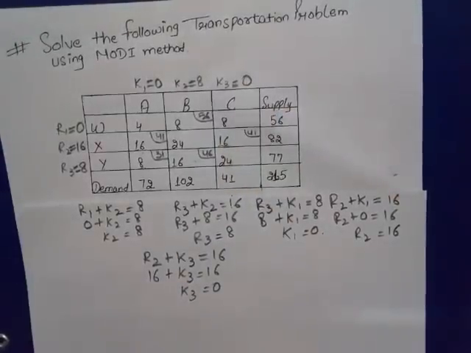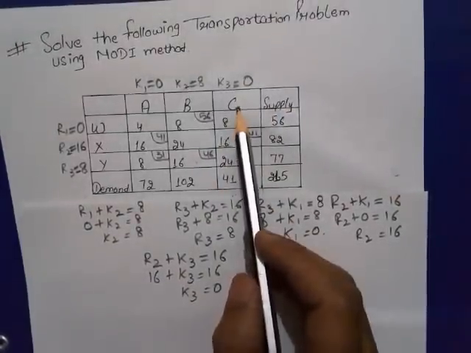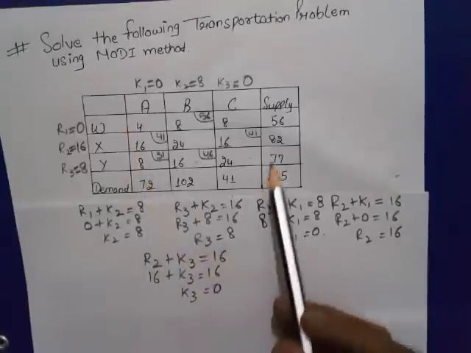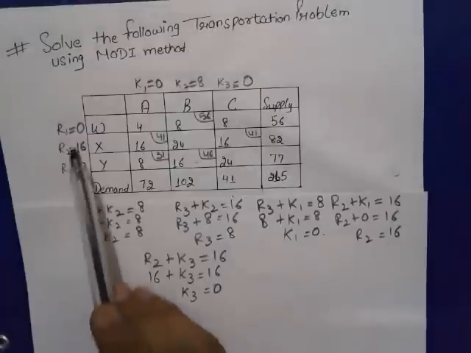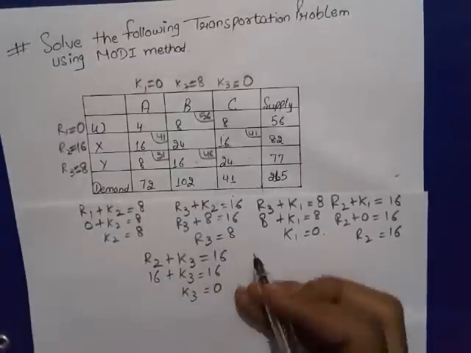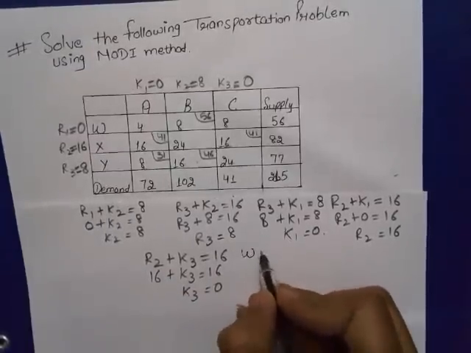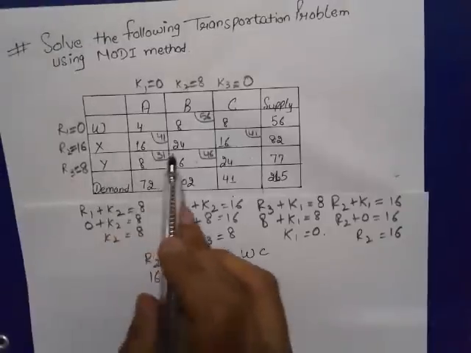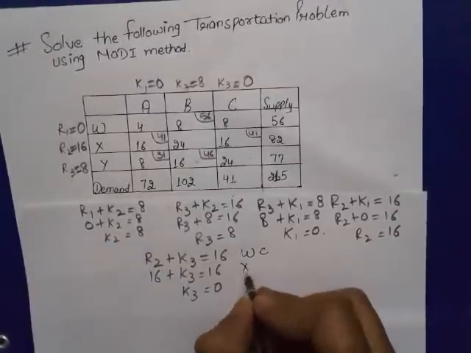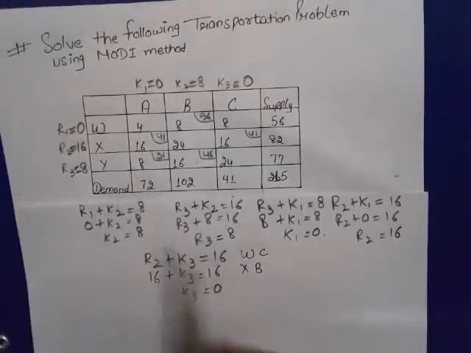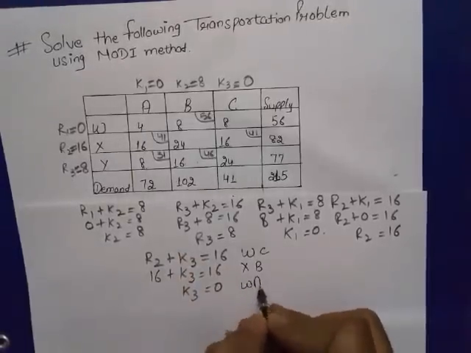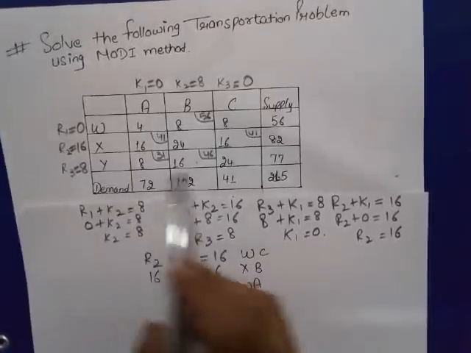So after calculating we have to find whether the new table which we have got is optimized or not. Calculating in the same way we have to find out the unoccupied cells: WC, XB, WA, YC.